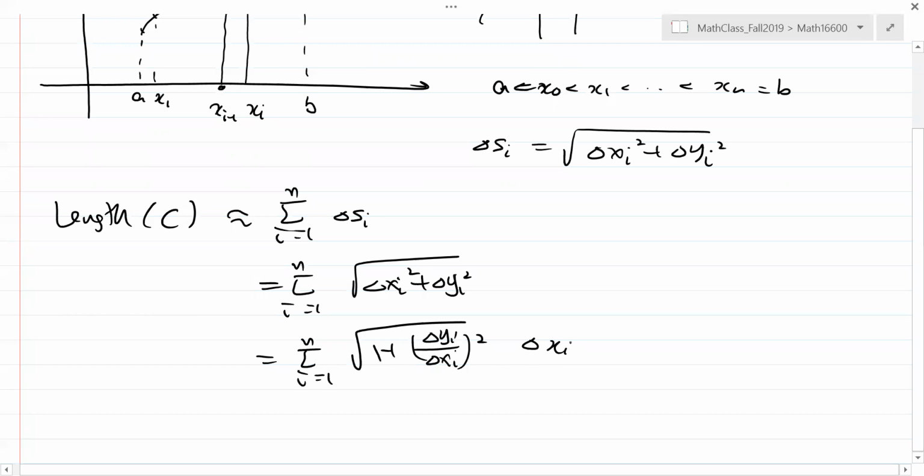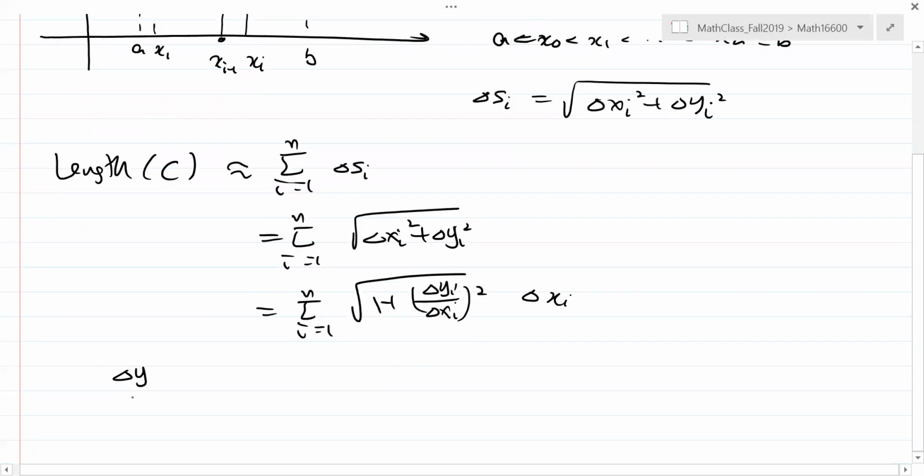Good. So my question is, what is delta yi over delta xi? Delta yi over delta xi is going to be f of xi minus f of x i minus 1, over delta xi.